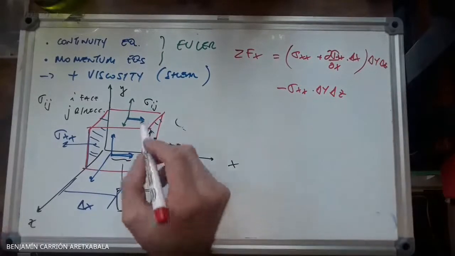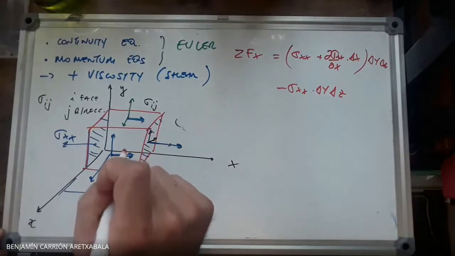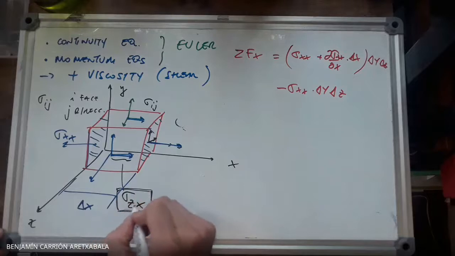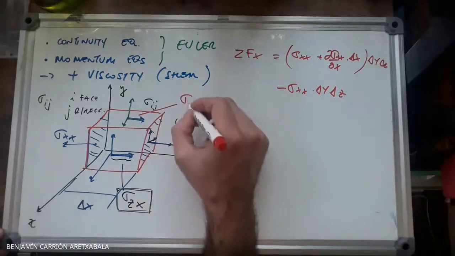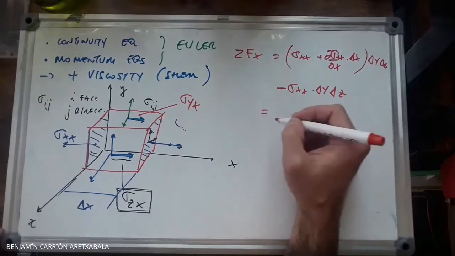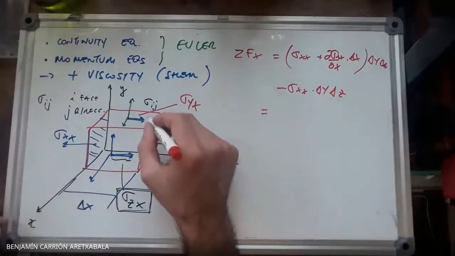And you're also going to get sigma zx, and this one is sigma yx, and you're going to get similar values between this side and this side.